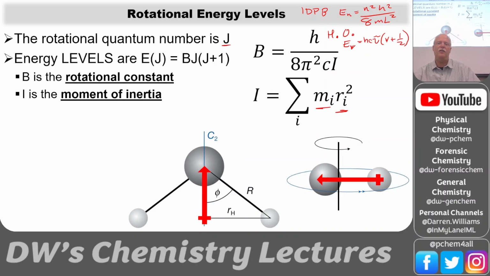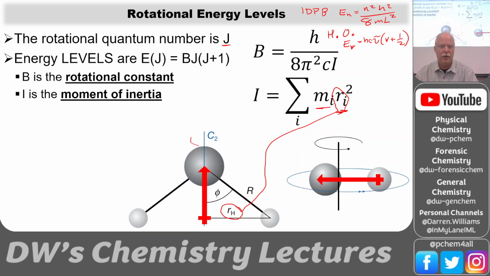And so these R's are not necessarily the bond lengths. So this right here, this R, is this distance right here. You see how that's not the bond length? That's the distance from the rotating axis.